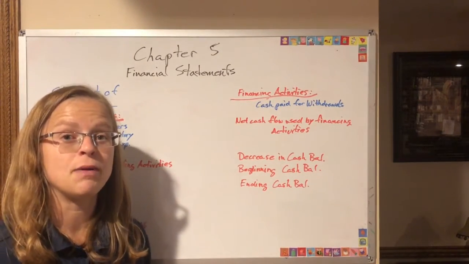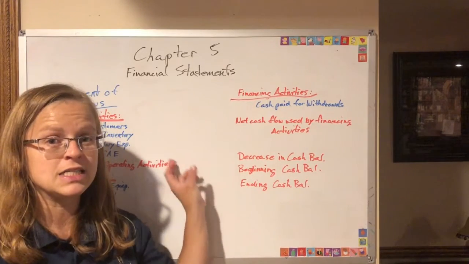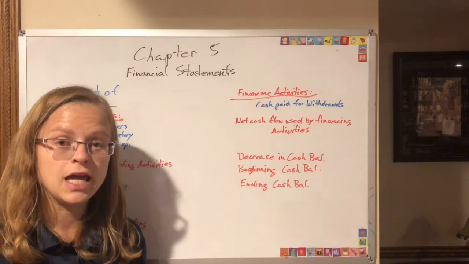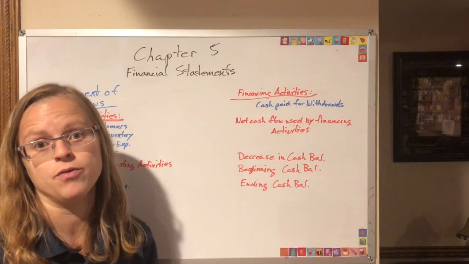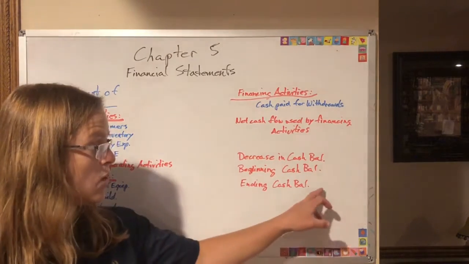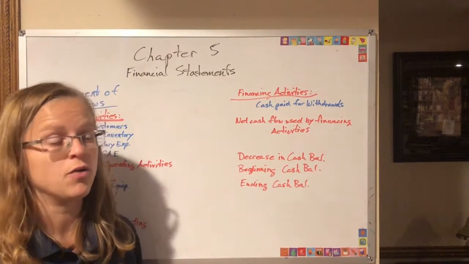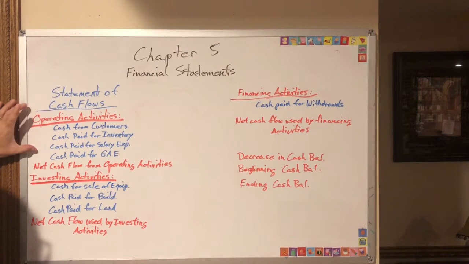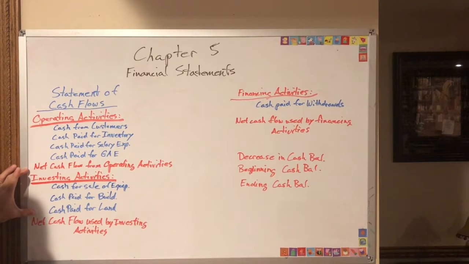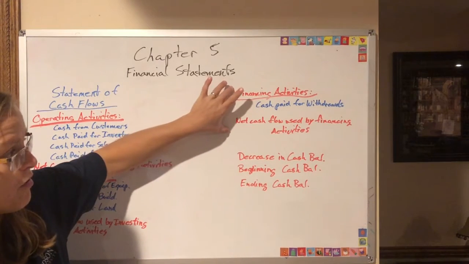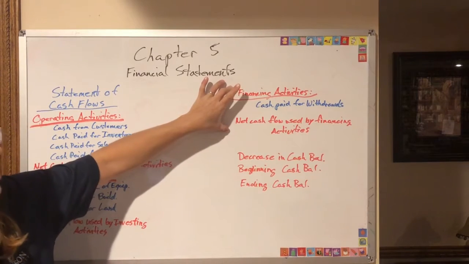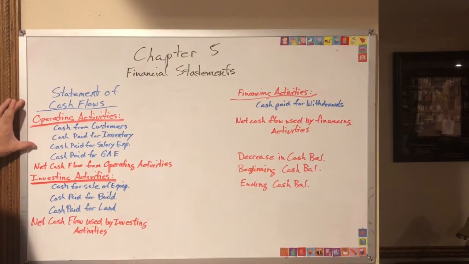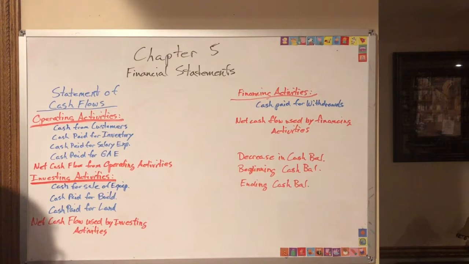And your ending cash balance based on these activities should equal what is in your cash account. So what you need to know is what falls under operating activities, what falls under investing activities, and what falls under financing activities. These are the sections of the cash flow statement that you'll need to know.